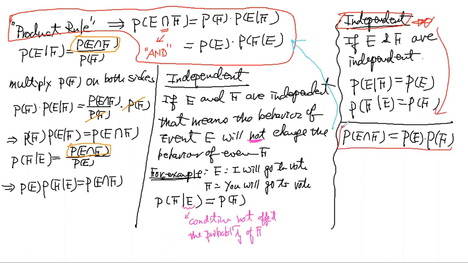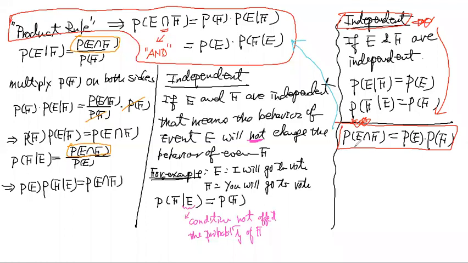The intersection is just the product of the two, because the conditional probability does not matter anymore, since they don't influence each other.